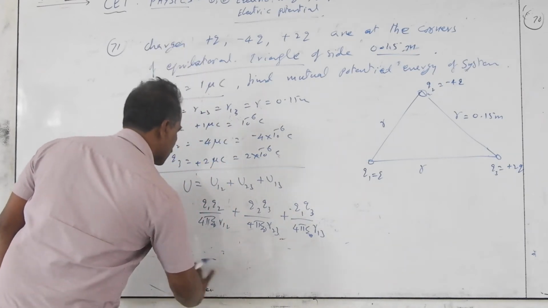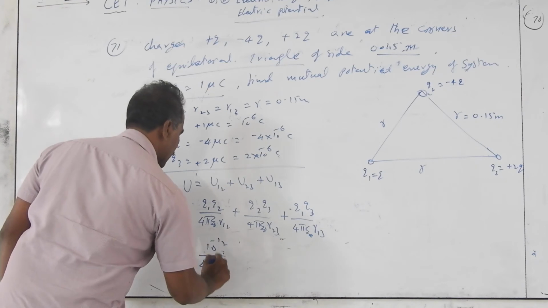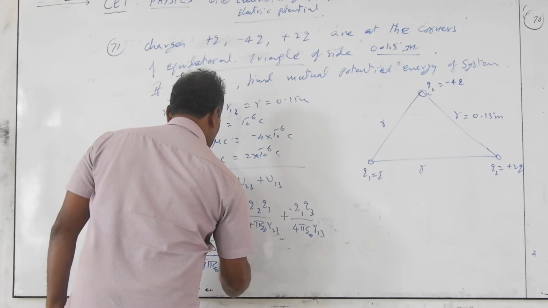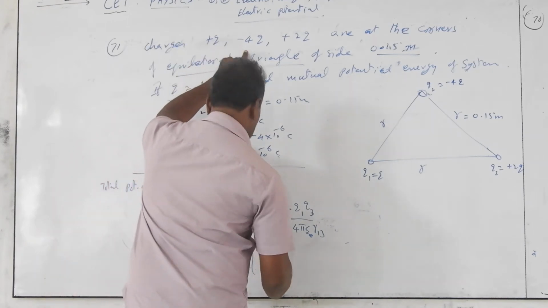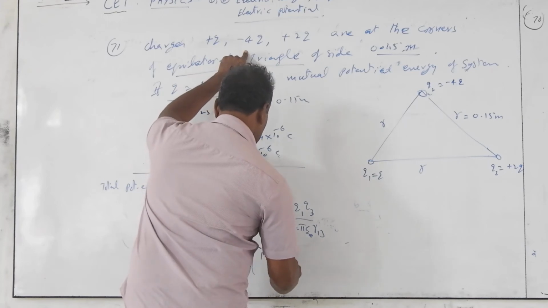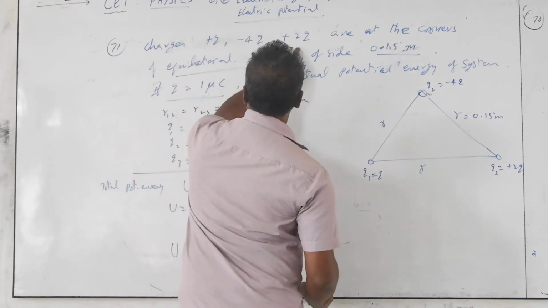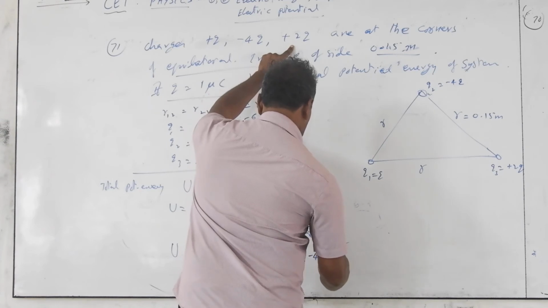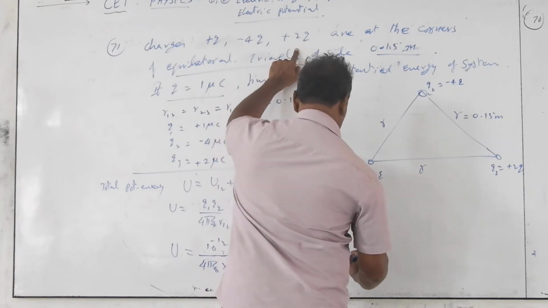So I write this as 1 by 4 pi epsilon naught, 10 to the power of minus 12 also taken out common, into R is 0.15, taken out common. So that is Q1 Q2, 1 into minus 4, plus Q2 Q3, minus 4 into 2, plus Q1 Q3, 1 into 2.